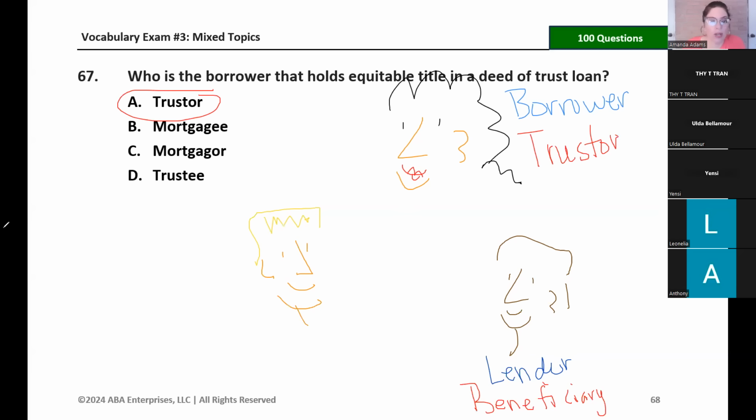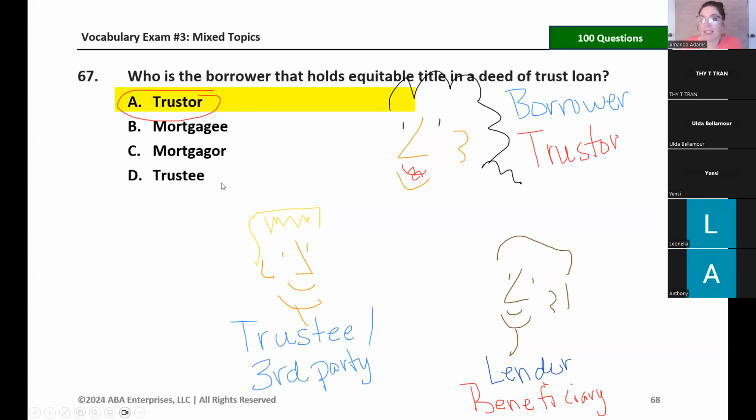The 3rd party that's going to hold bare title while the payments are being made, that person is called the trustee. Trustee, they're a neutral 3rd party that's going to hold bare title while the payments are being made. The borrower is called the trustor. They're going to hold equitable title while the payments are being made. So the answer was A.